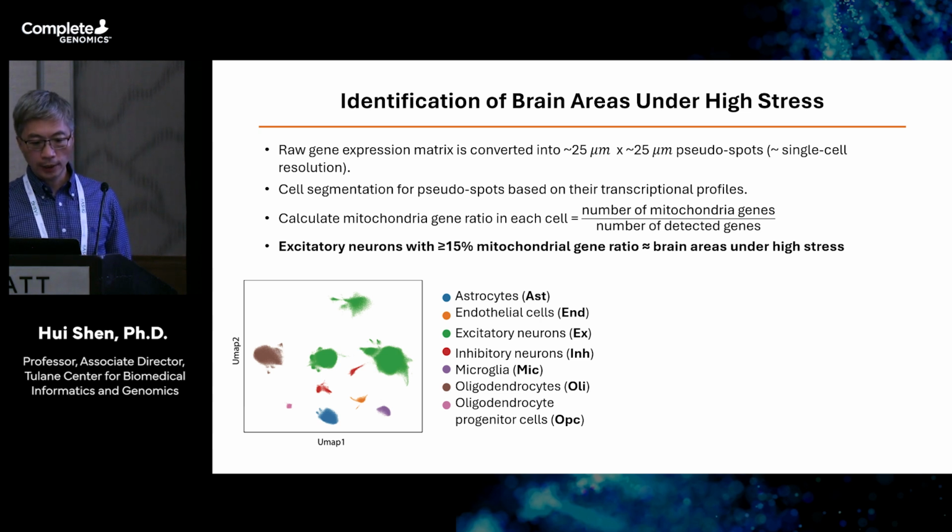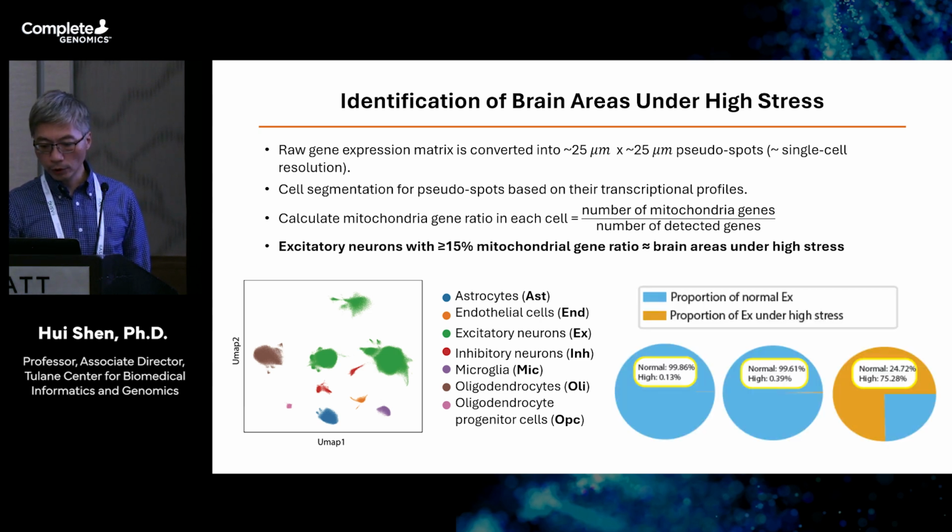So with that, we can identify those brain areas that contain excitatory neurons with over 15% mitochondrial gene ratio, and we consider these as the brain areas under high stress.